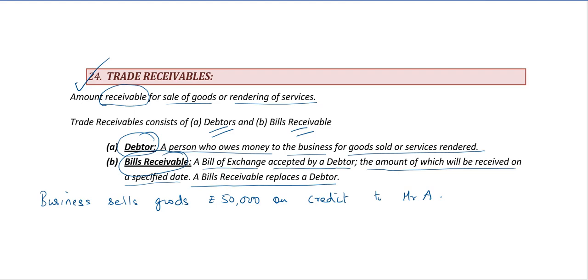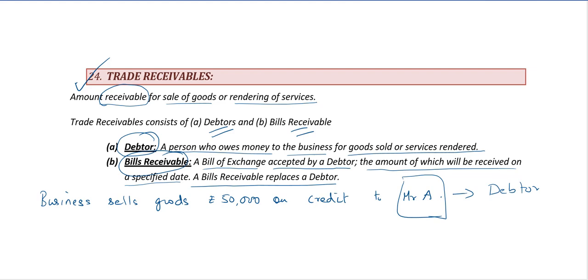So A has not paid the amount of rupees 50,000 immediately to the business. So Mr. A is considered as a debtor to the business, a person who owes money to the business for the goods sold or services rendered.